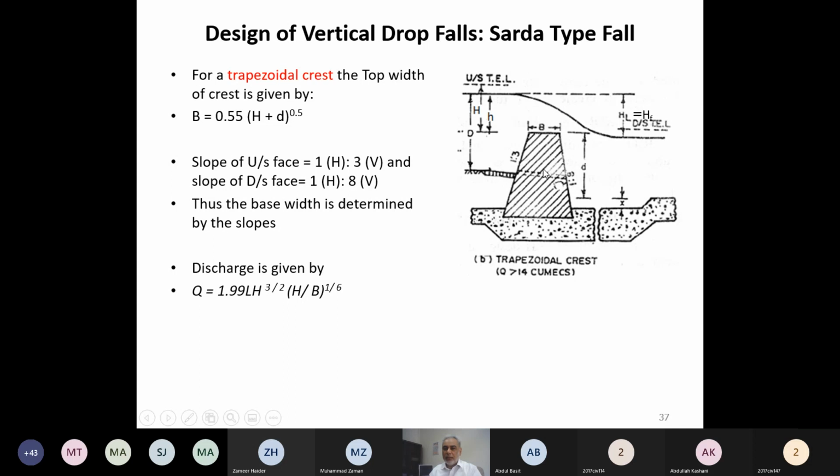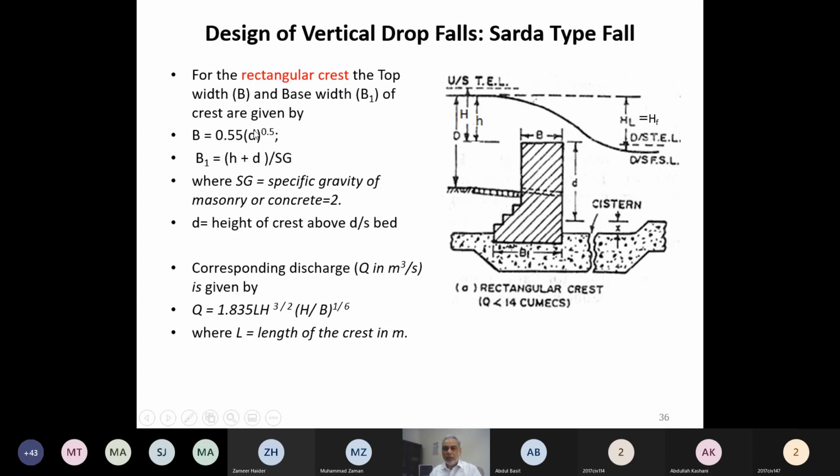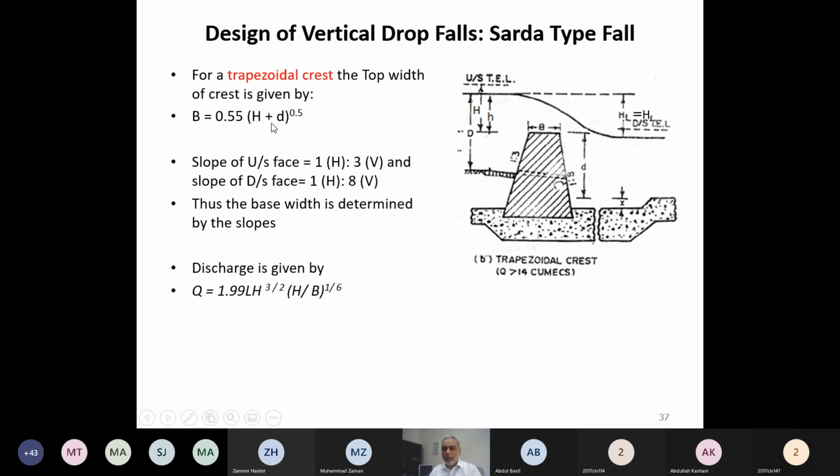Top width, previously that was a function of the height d, the height of the crest with respect to the bottom, but over here they have made it a function of the total head with respect to the bed. From the bed, d plus h under root, they say utilize this formula for a trapezoidal crest.